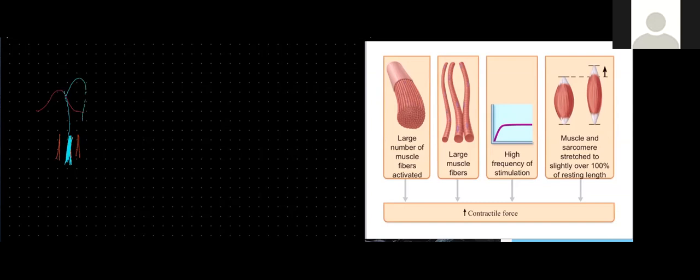If you received another stimulus before you completed the relaxation, the next contraction is going to be much stronger than the previous one. Why does this happen? You remember from our discussion last class.